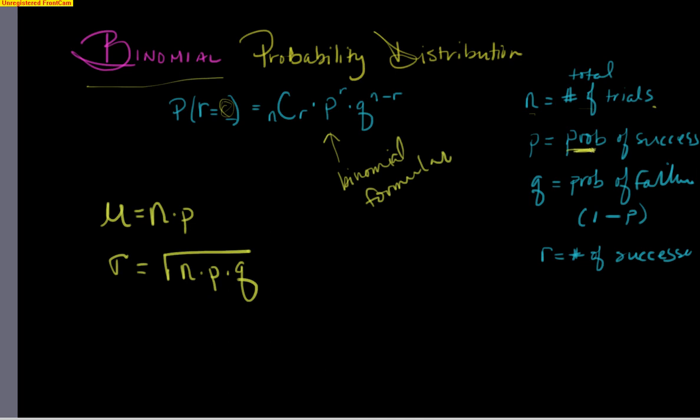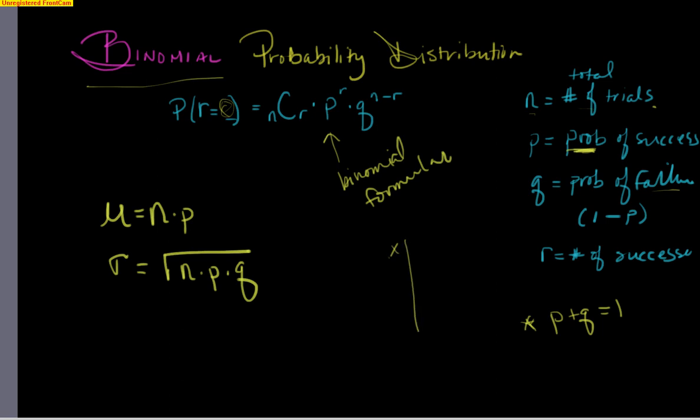P is the probability. It's important. P will always be a decimal or a fraction. It's the probability of a success. Therefore, Q is the probability of a failure, and it will always equal 1 minus P. Don't ever forget that. P plus Q equals 1. That's really important. And R is the number of successes that you're looking for.